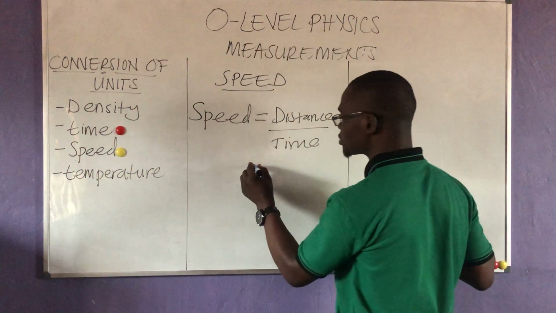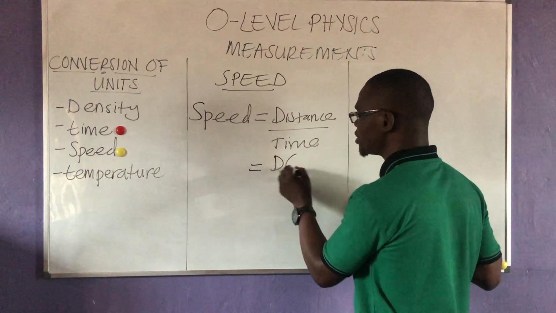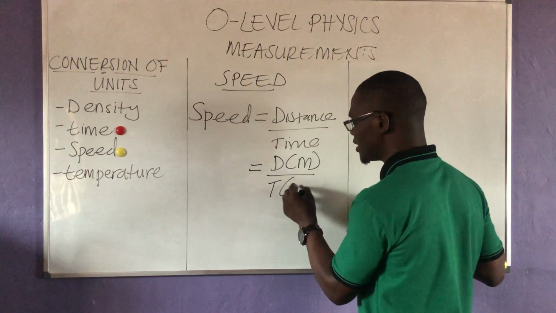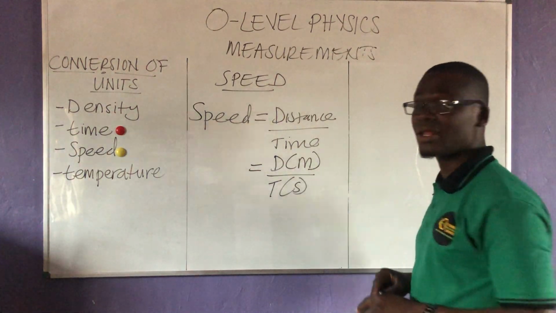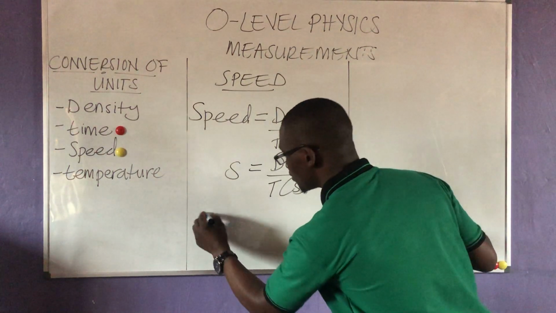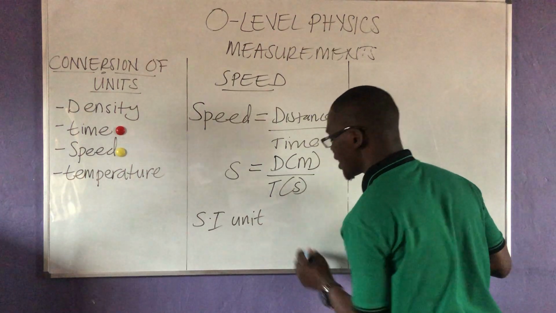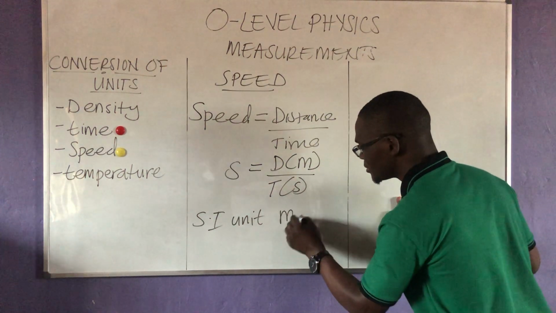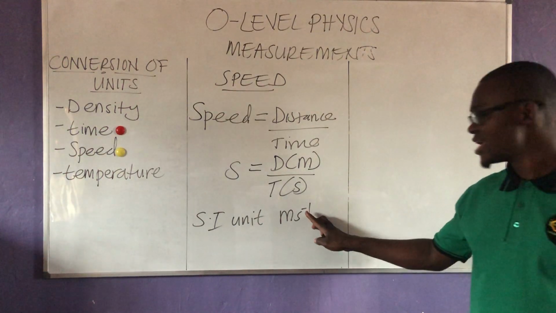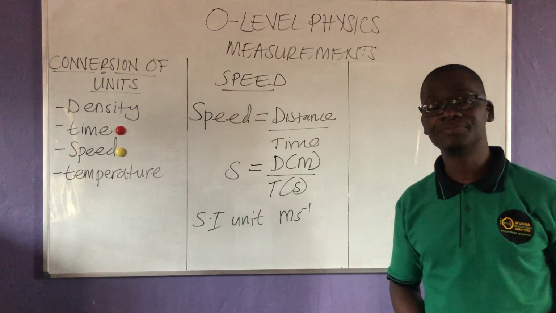So that gives us speed as the distance measured in meters over time measured in seconds. And therefore, we shall come up with the SI units of speed as meter per second. This slash means that we are dividing meter by the second.